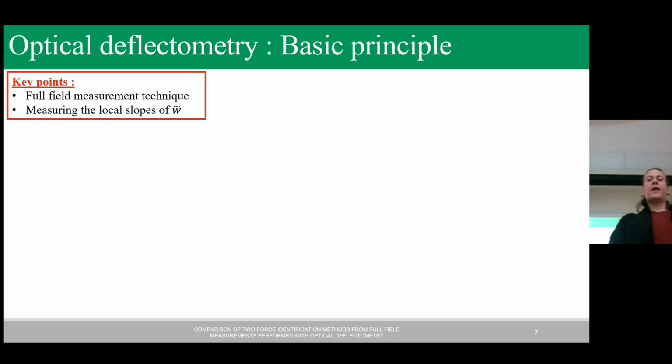Okay, so now let's move on with optical deflectometry, which is the measurement used in our study to get the displacement field and the curvature field. Optical deflectometry is a full field measurement technique. This means that with this technique, we can get at one instant a large number of measurement points, while with some other techniques, you have to get the vibration field point by point.